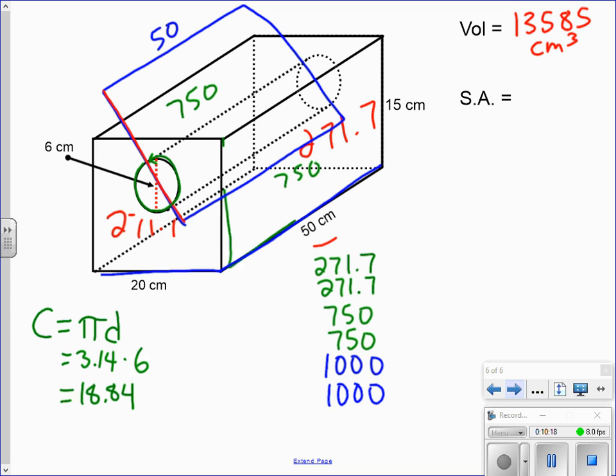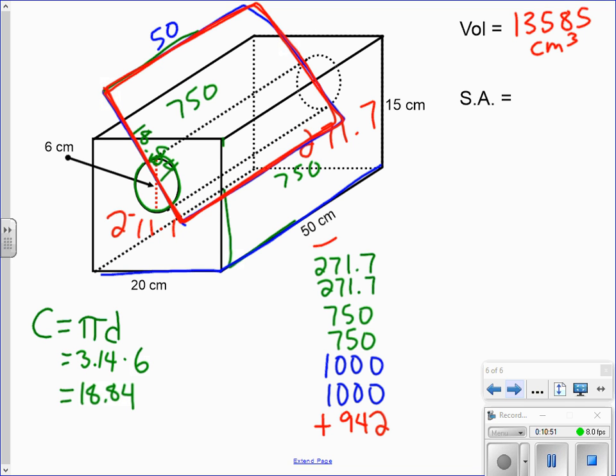And I'm going to leave that in my calculator screen because it's already there. And then times that by 50. And that'll give me the area of that rectangle that's rolled up to make that tube. And I get 942. 942 is going to be, again, the area of this rectangle right here that was rolled up to make the tube.